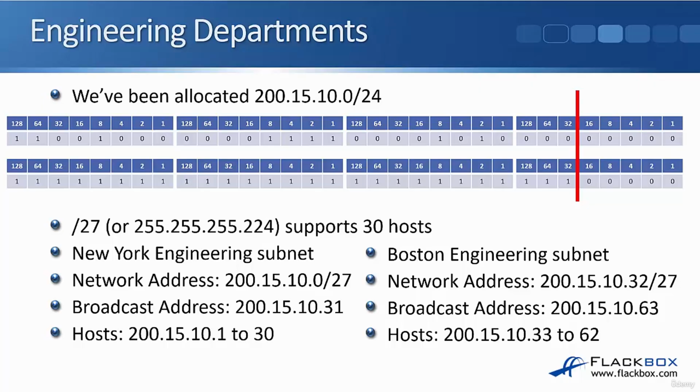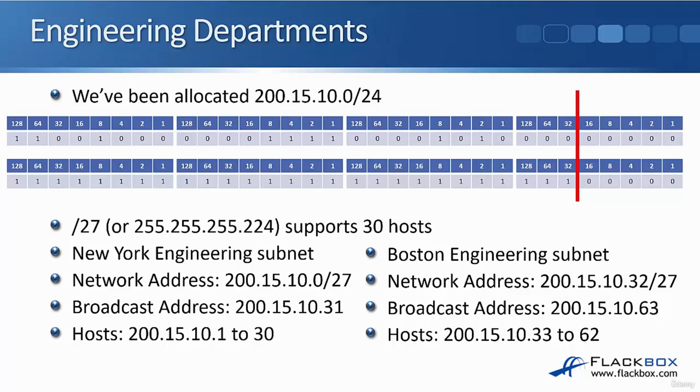The next thing we have to do is actually divide up our address space. The headquarters was in New York, so let's give them the first subnet. So the network address is going to be 200.15.10.0/27. And if we look at the line, we can see it's after 32. So a /27 is going to go up in increments of 32.